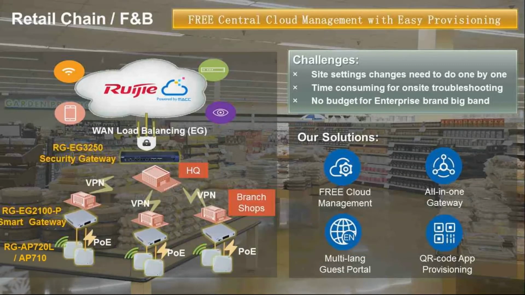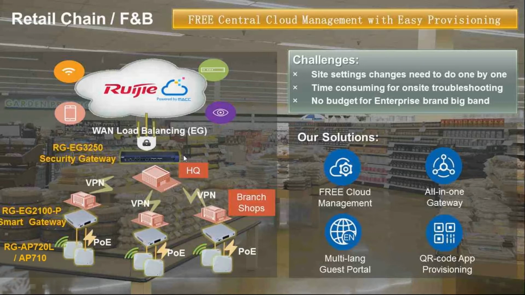For the retail chain and also F&B, the challenge is that site setting changes need to be done one by one, and on-site troubleshooting is time consuming, with no budget for that. This is all their challenge. So what our solution is, you can see here, our EG security gateway supports IPsec site-to-site VPN.